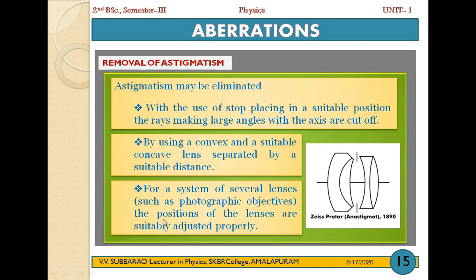For a system of several lenses, the positions of the lenses are suitably adjusted so that the system eliminates astigmatism. If the system contains more number of lenses, then their distances should be properly adjusted to reduce the astigmatism. These are the various methods to eliminate or reduce astigmatism.